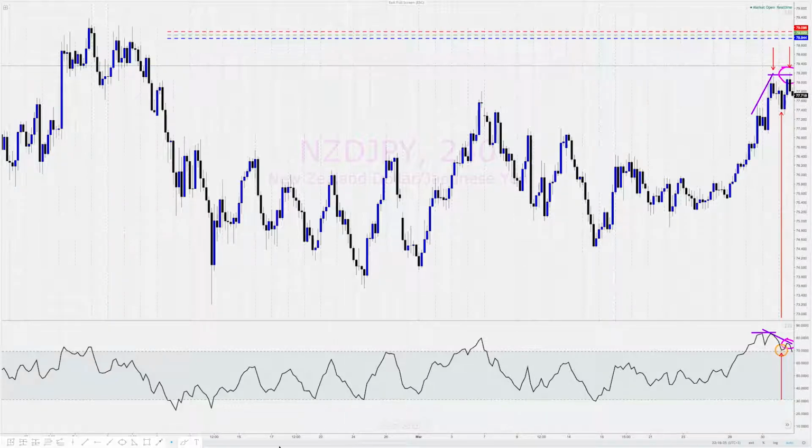What you want is for the RSI to go lower or break that level, this level here.